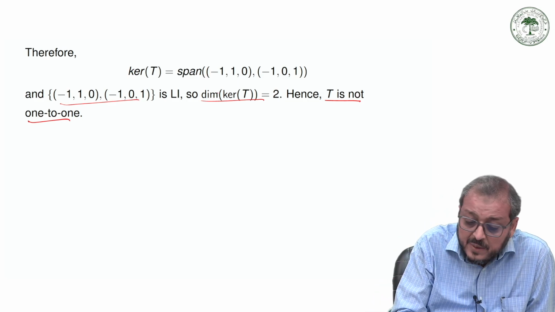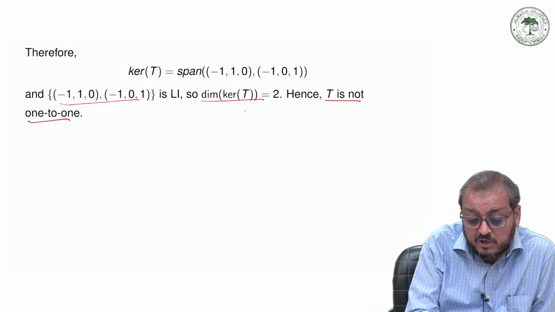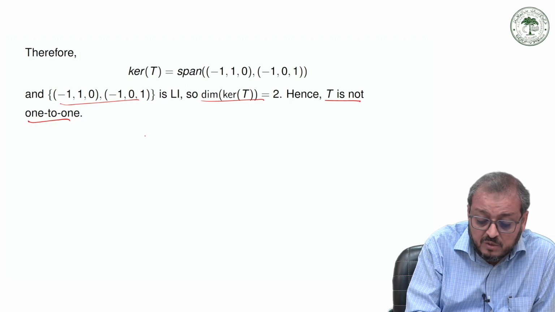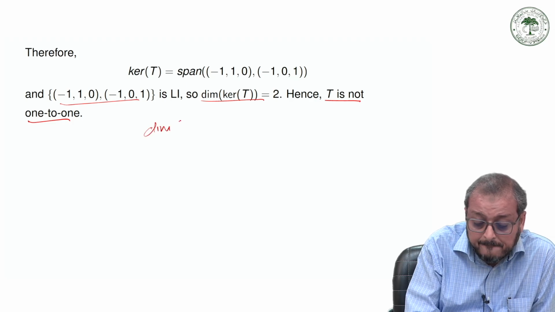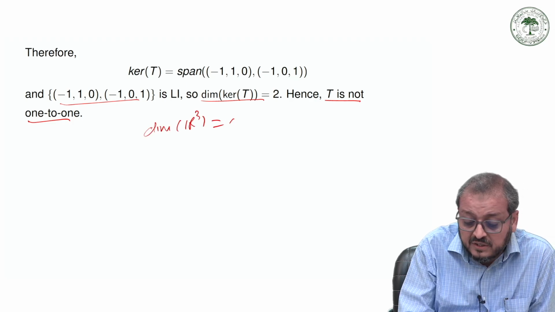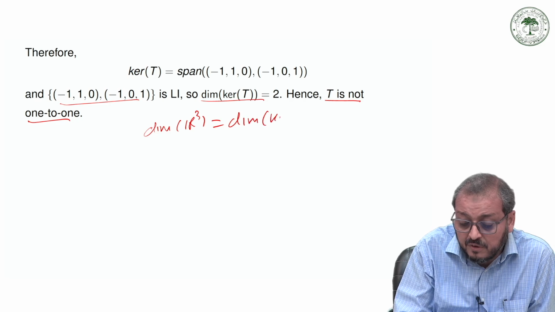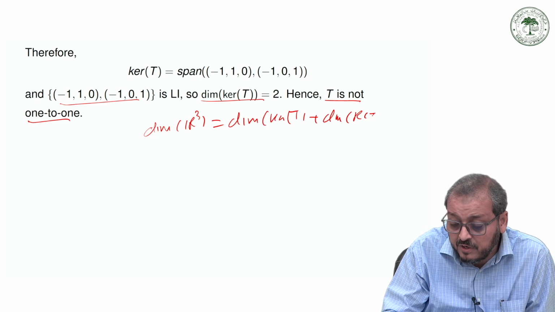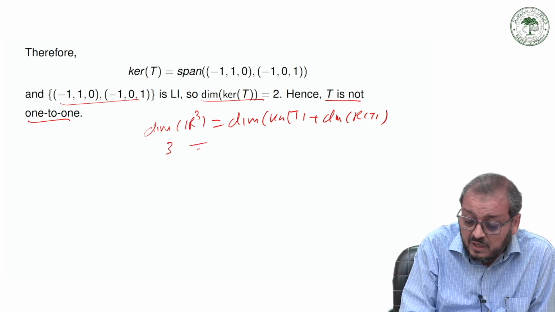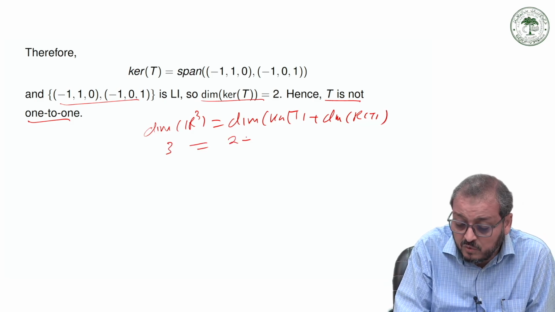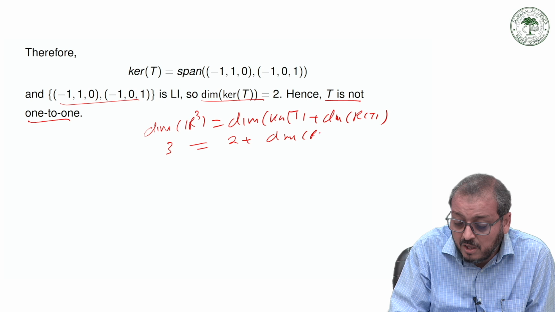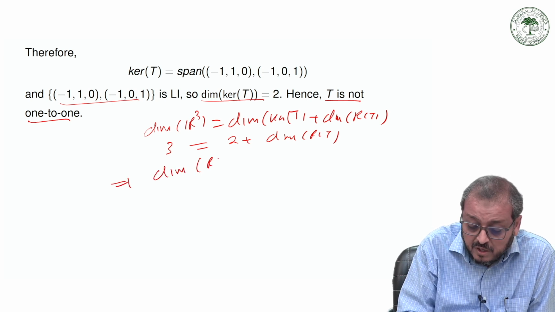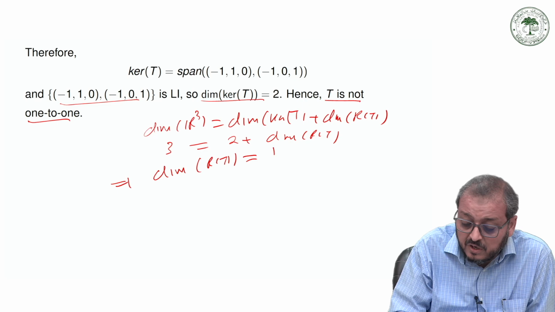By the dimension theorem we check whether it is onto or not. By the rank-nullity theorem, the dimension of R3 is the same as the dimension of the kernel of T plus the dimension of the range of T, and this is equal to 3. The dimension of the kernel of T is 2, plus the dimension of the range of T, so the dimension of the range of T is equal to 1.